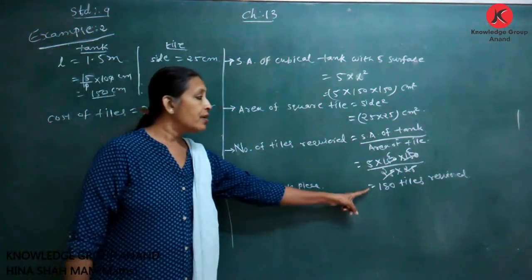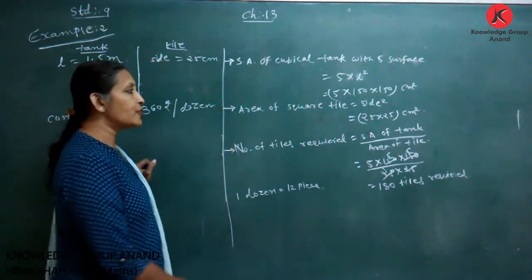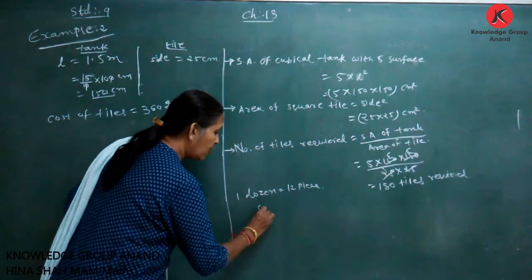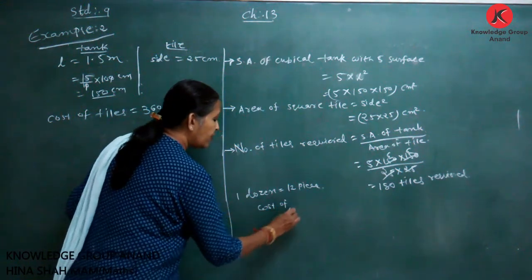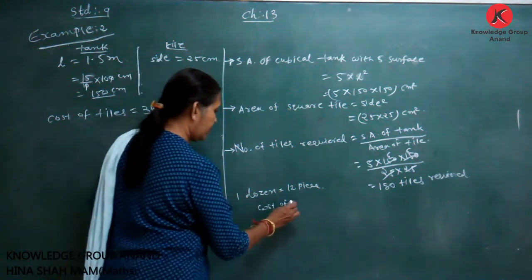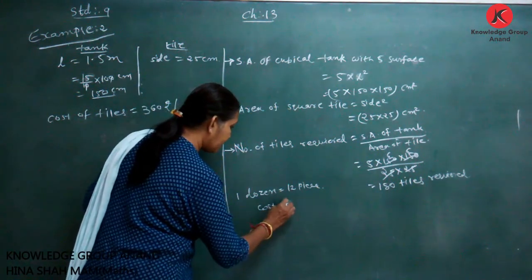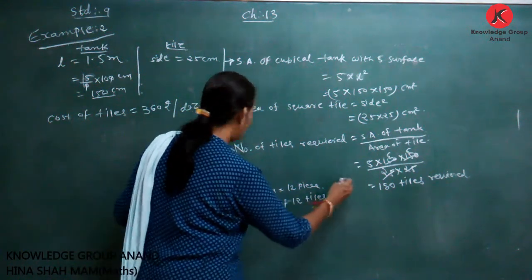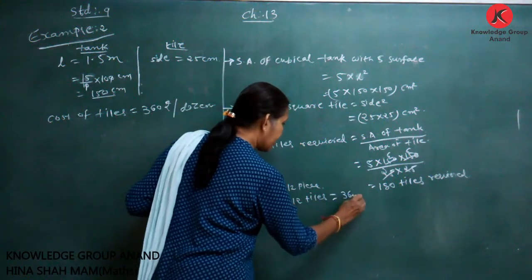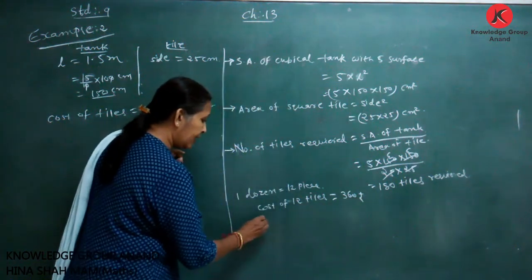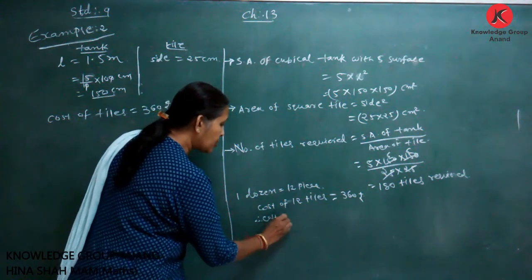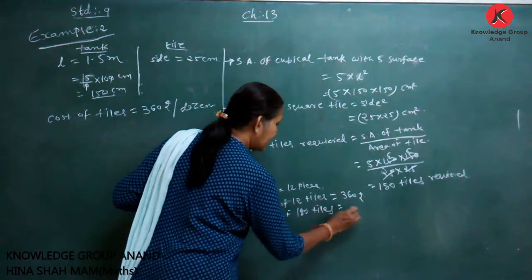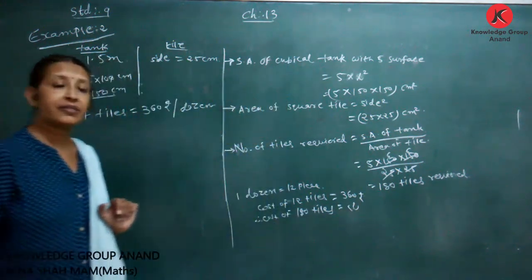Then we calculate 180 tiles is equal to how much rupees?